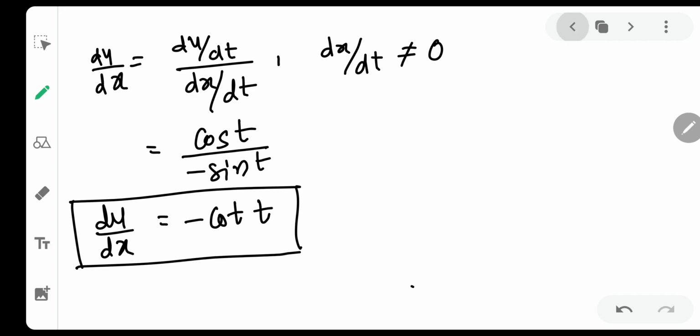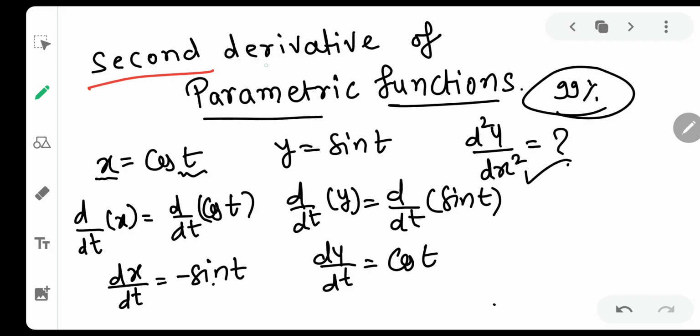I hope you understood and like this second derivative of parametric functions where t was a parameter and x and y were given. Okay. Obviously, you can also eliminate t and solve this question, but there are questions in which elimination will become difficult. Here, I just took a very simple example for you to understand this particular stuff in detail.